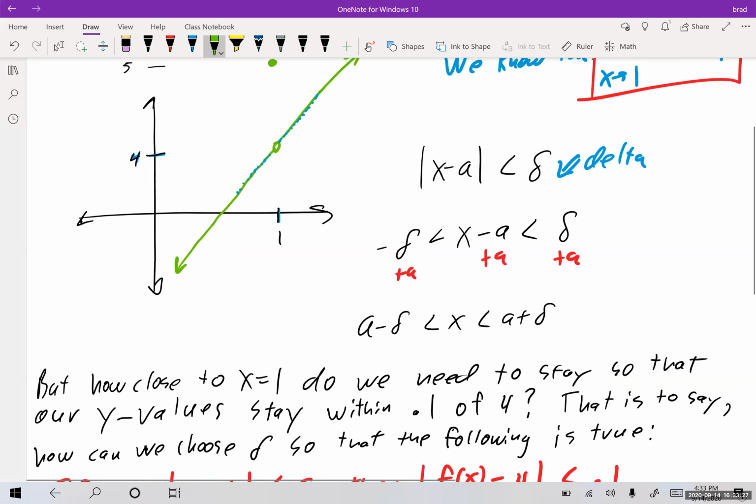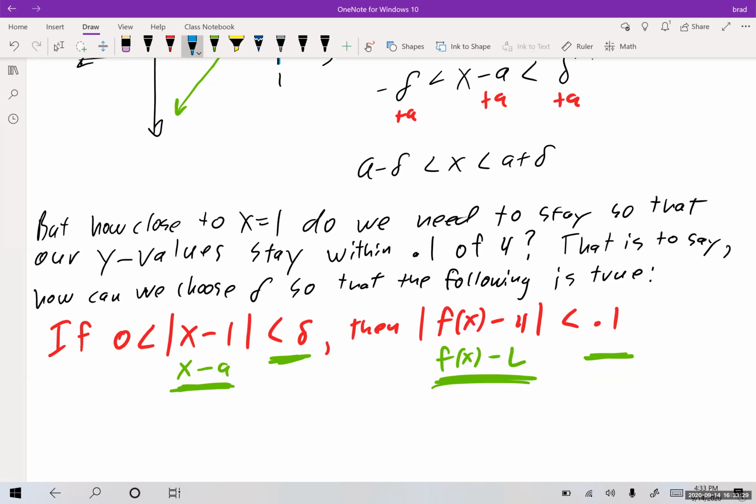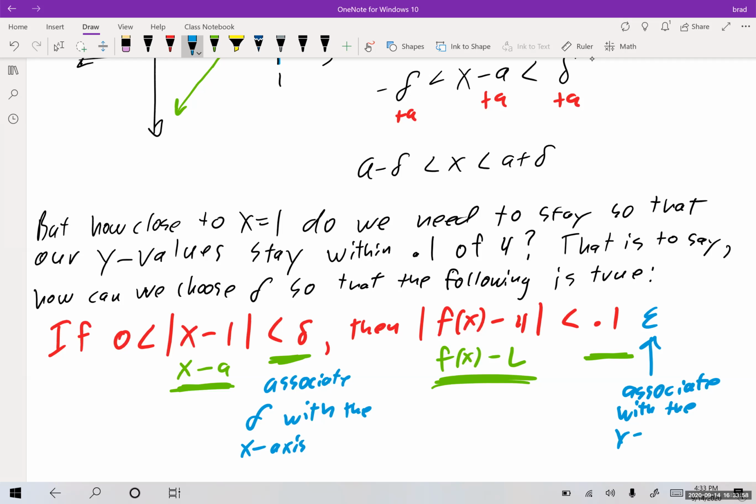So what I want you guys to do is associate delta with the x-axis, and we're going to call this epsilon and associate it with the y-axis.